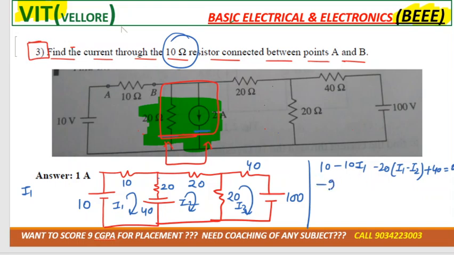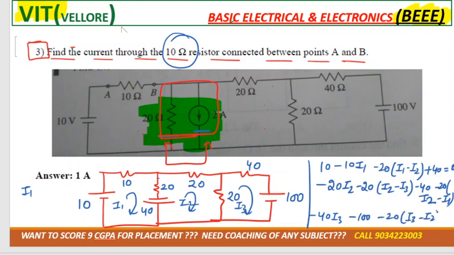The second mesh equation is minus 20 I2 minus 20 (I2 minus I3) minus 40 minus 20 (I2 minus I1). Now the third mesh equation is minus 40 I3 minus 100 minus 20 (I3 minus I2) is equal to 0. Correct? Now you can solve all these three equations, then you will get the final answer.